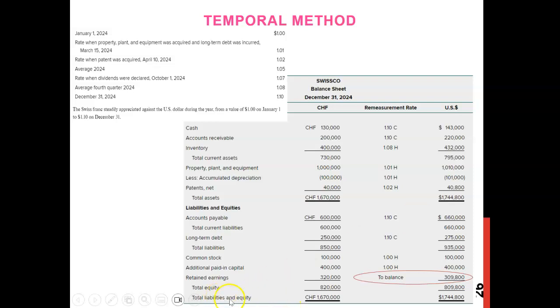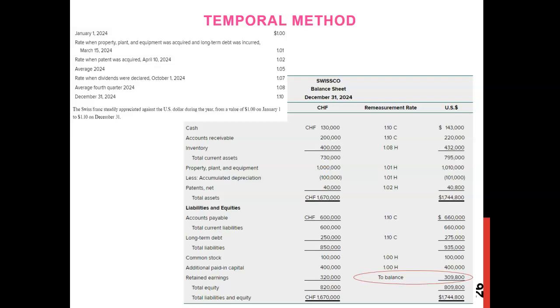So to make the liabilities and total equity equal to total assets, we have to plug in the retained earnings. We are not calling it gain or loss because we'll show it on our income statement. Rather, we are plugging in the balance number, and we call it retained earnings.